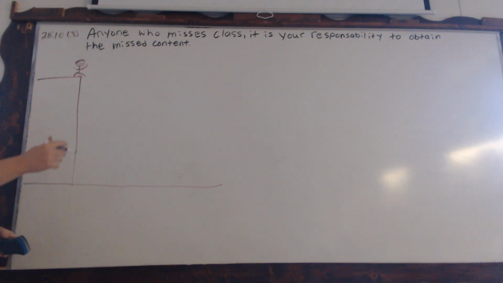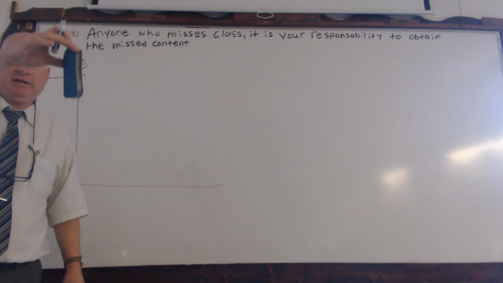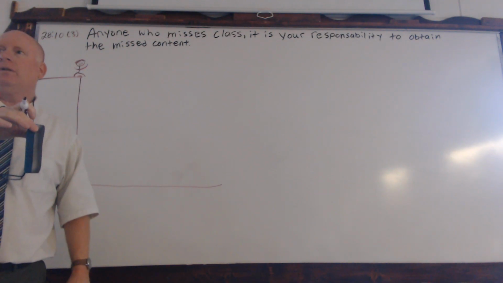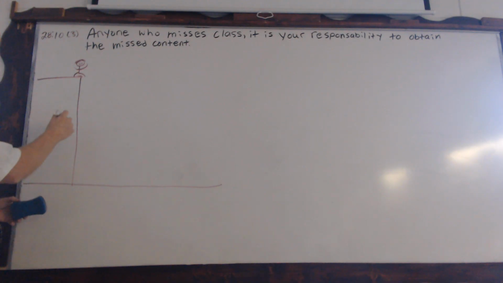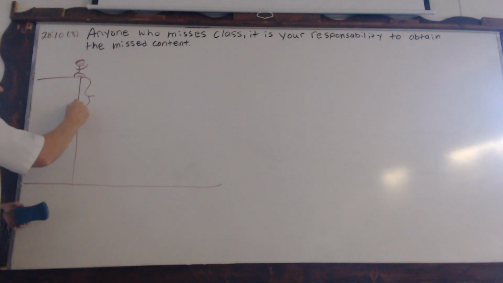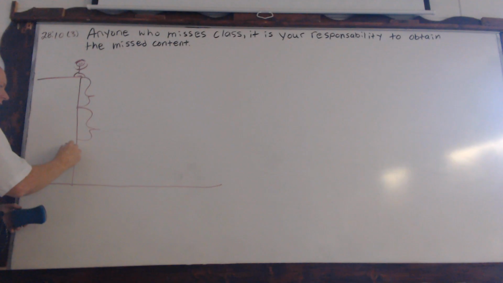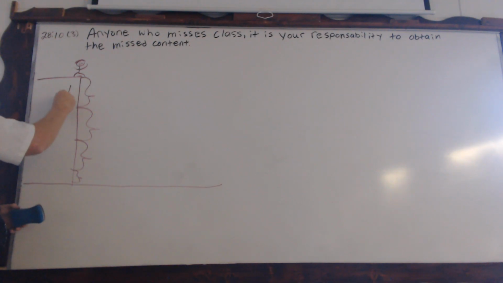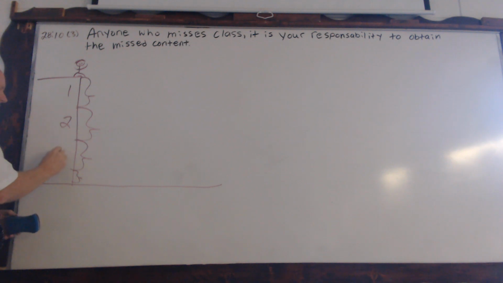Because what happens here is that what type of component is this? Gravity. Yeah, it's a vertical component due to gravity. So now, we're going to say 3.5 seconds. So 1 second, 2 seconds, 3 seconds, and then 0.5 seconds.